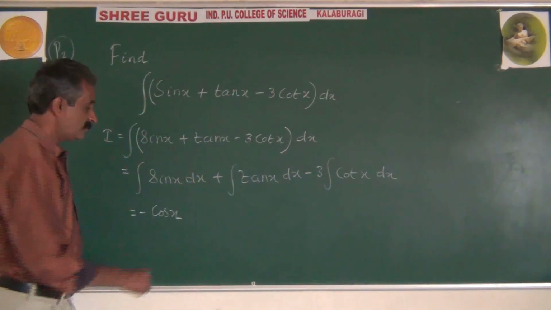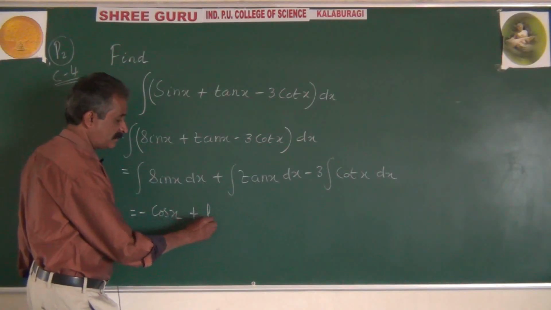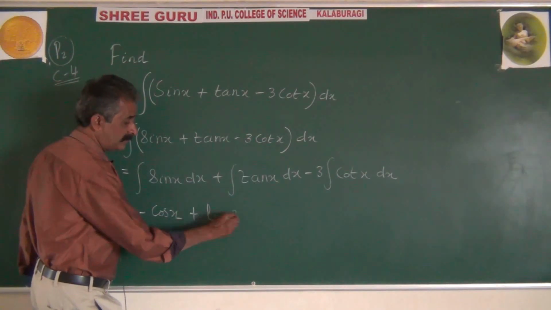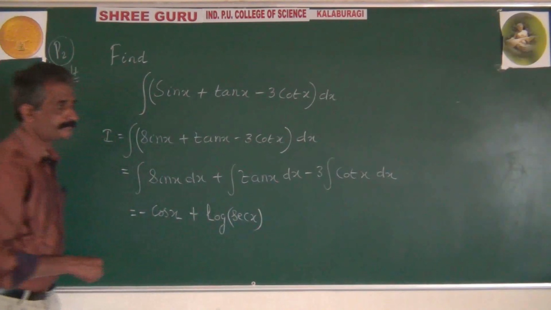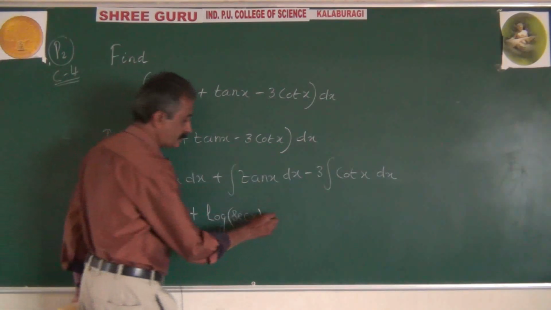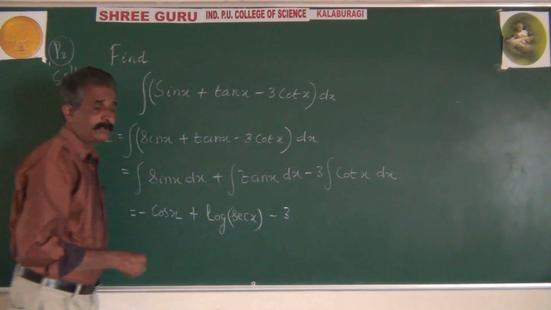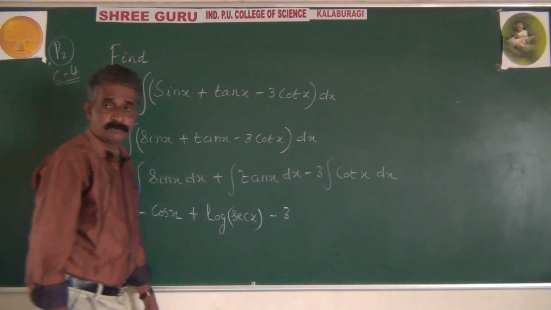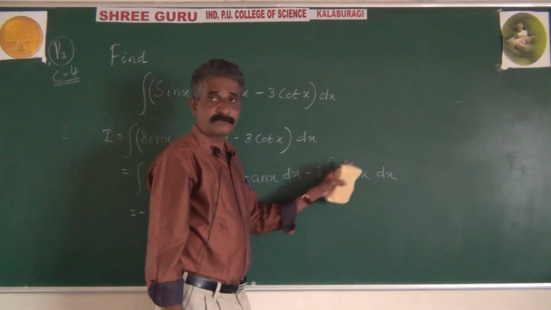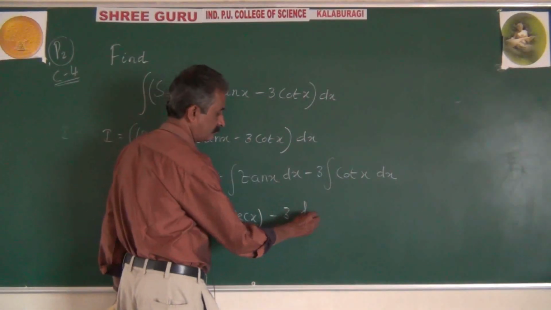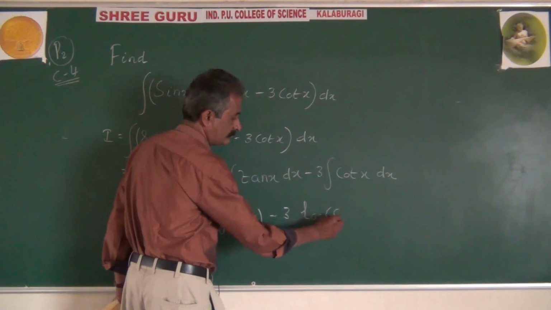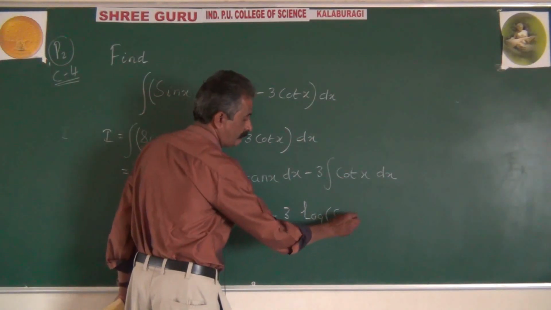It will be log of sec x. Refer to the last class list of formulas. Minus 3 into, again by the list of formulas, integration of cot x will be log of sin x, plus constant.